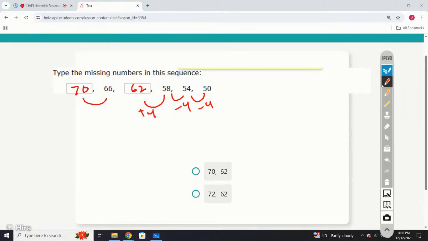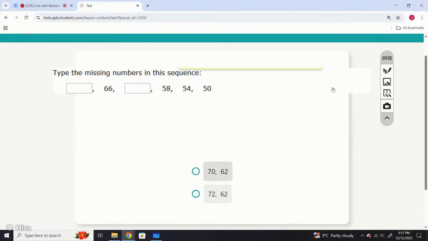So the missing numbers are 70 and 62. The correct option is 70 and 62.